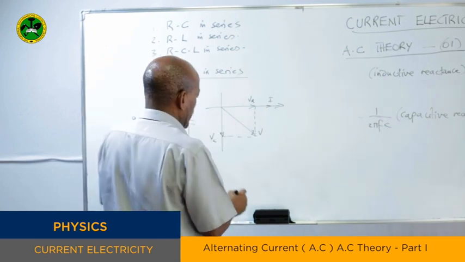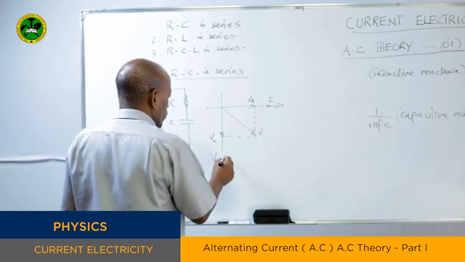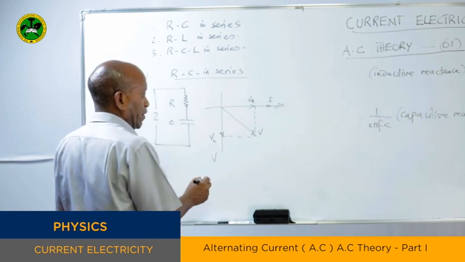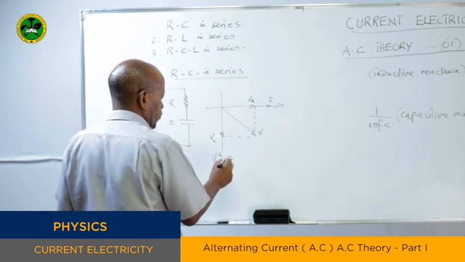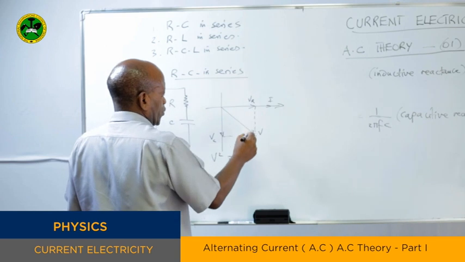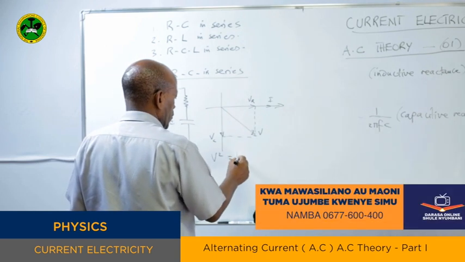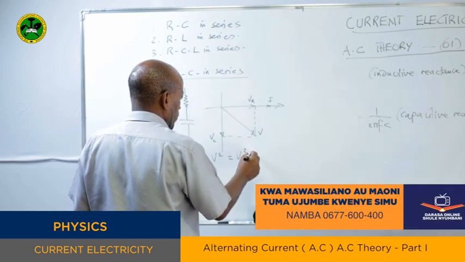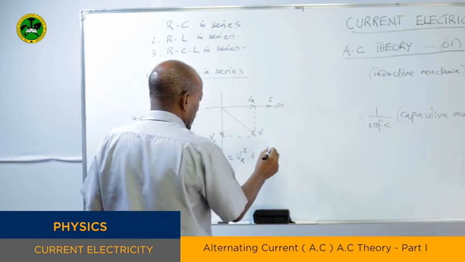The resultant of the applied voltage V can be obtained by the use of Pythagoras, whereby V squared is equal to the voltage through the resistor squared plus the voltage through the capacitor squared.